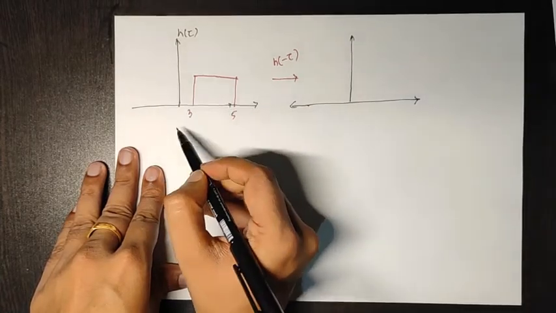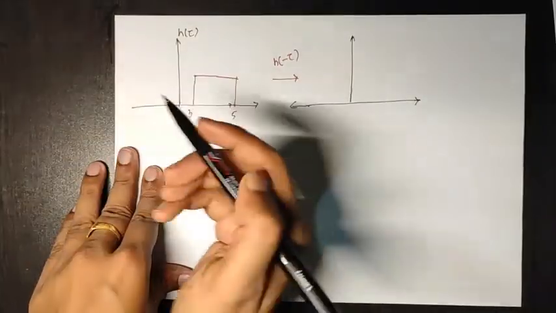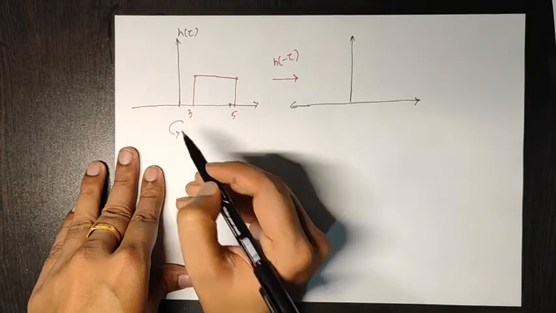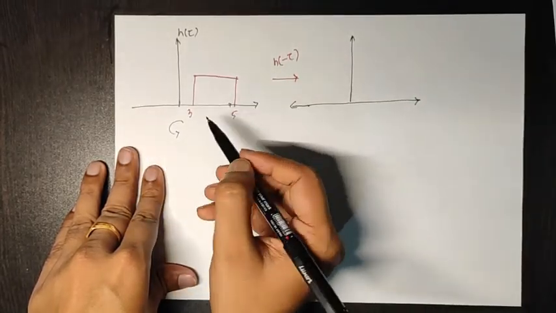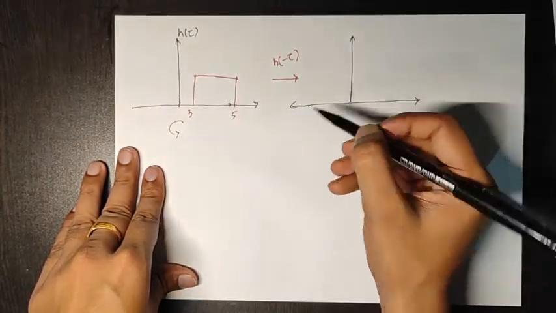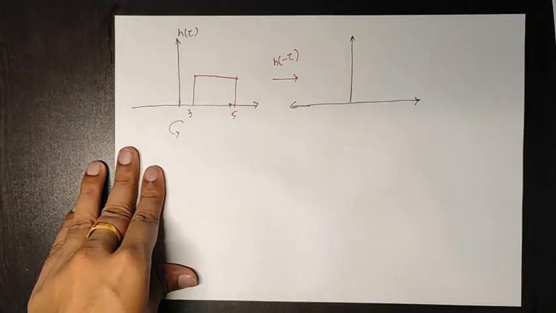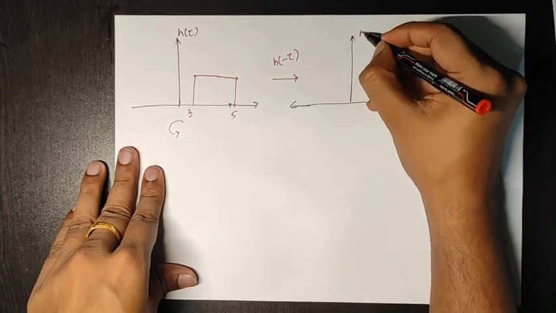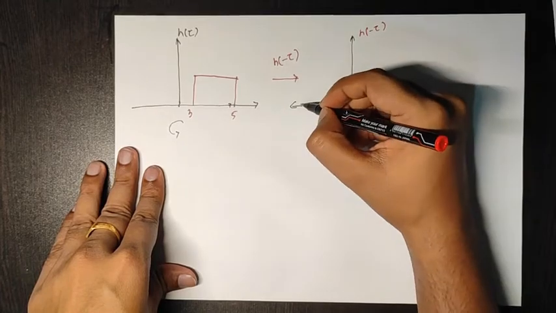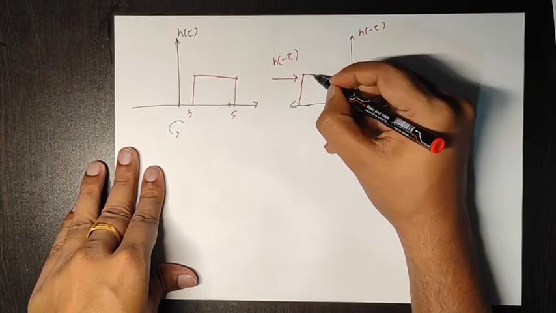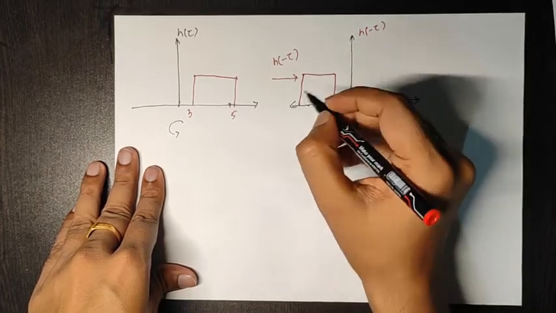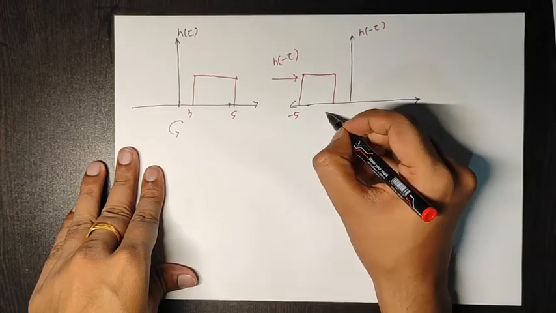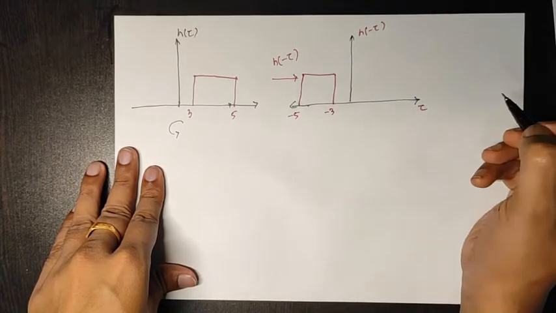Since we are doing the time reversal, the whole plot will be rotated by 180 degrees. So h of minus tau will be the time reversal. This will be minus 5 to minus 3.